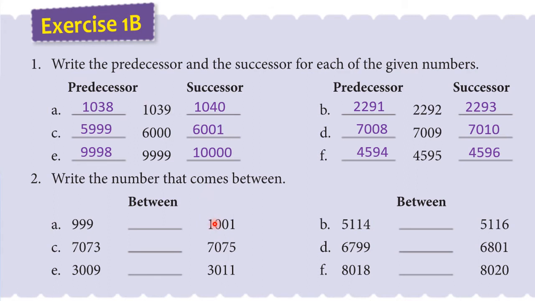The number that comes between these two numbers, that is 999 and 1001, is 1000. 1000 lies between 999 and 1001. So similarly, you find the numbers that come between the given numbers and fill in the blanks here.